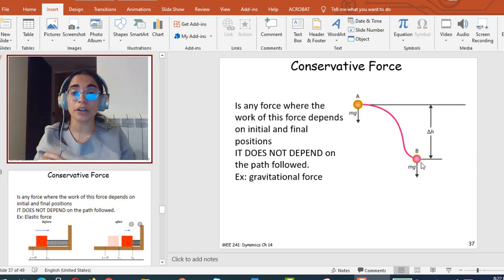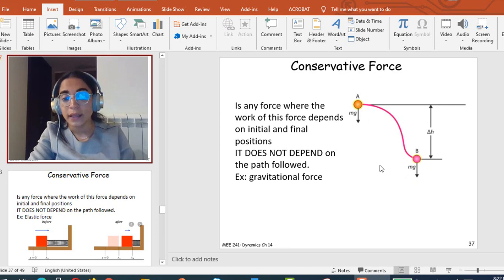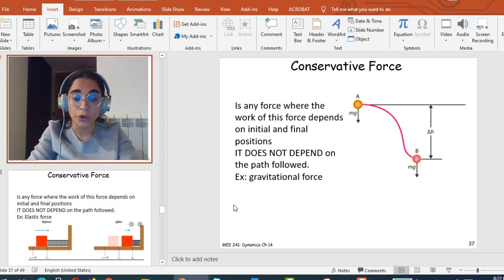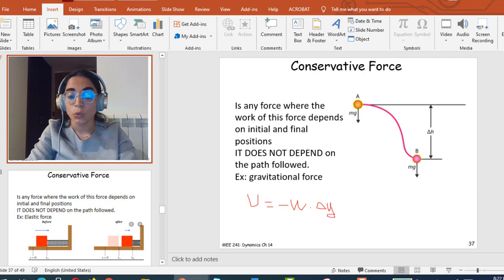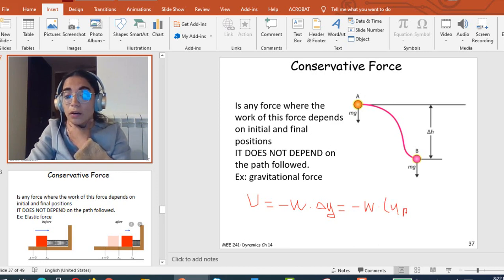The first example of a conservative force is the gravitational force, the weight. If I want to find the work done by the weight between A and B, then this work U is equal to minus the weight times delta Y, which means it is minus the weight times (YB minus YA).